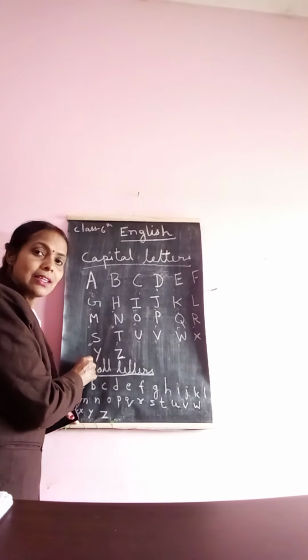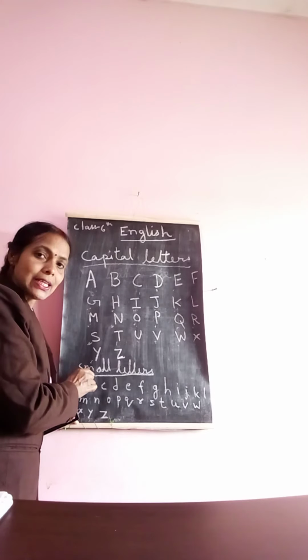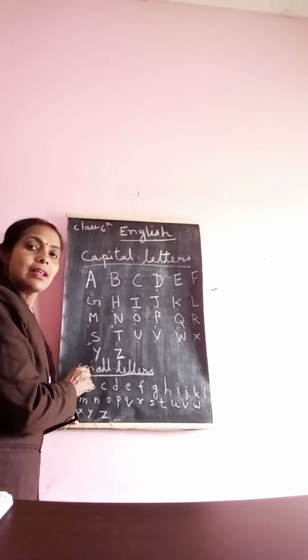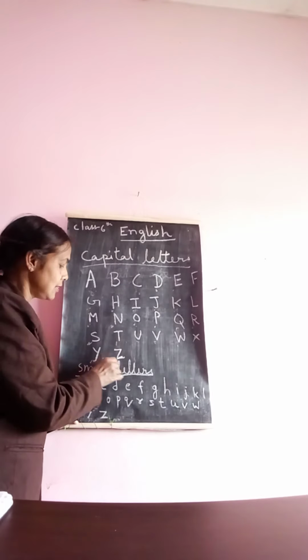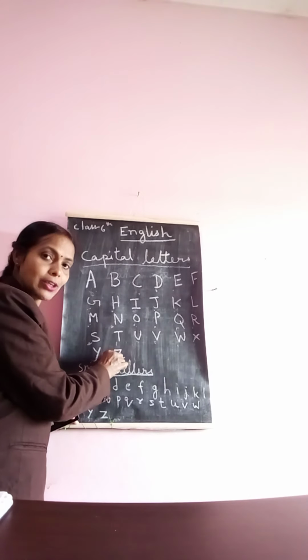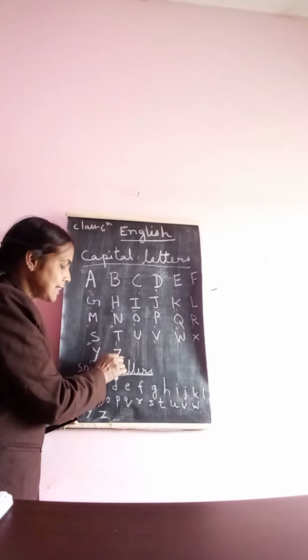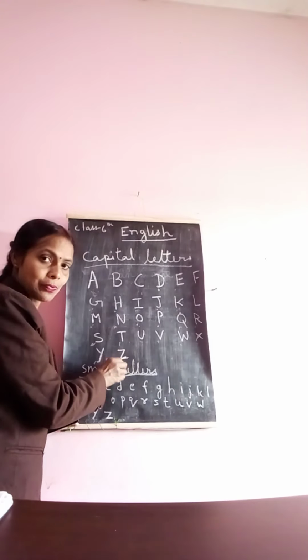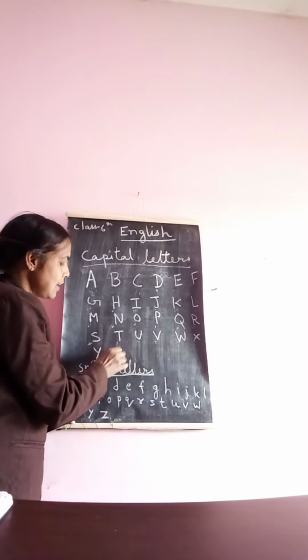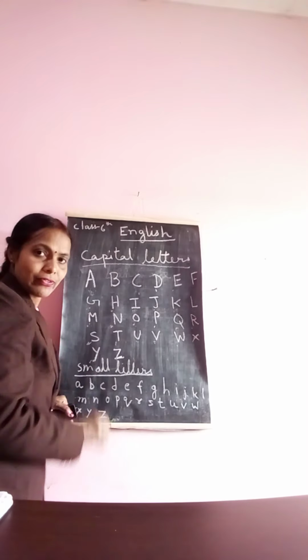This is Y. Y sound is y. Yellow, like that. Yak. This is Z or G. Zebra, zero.